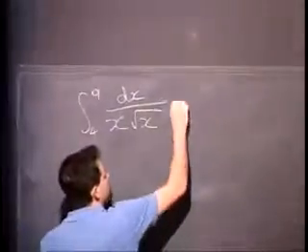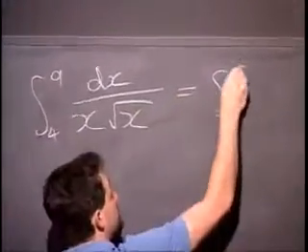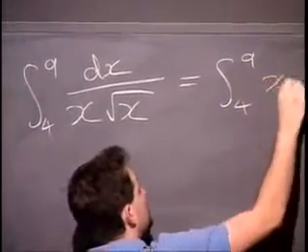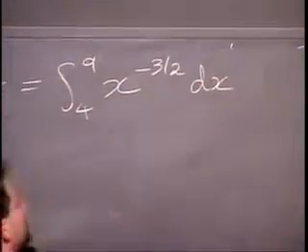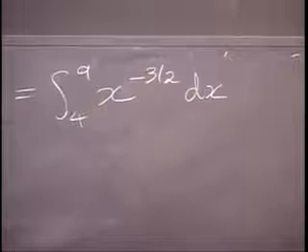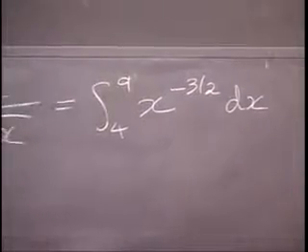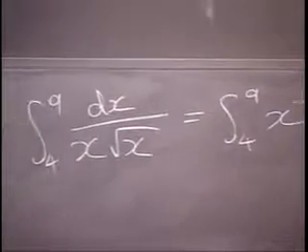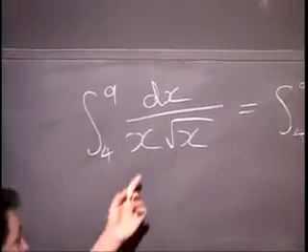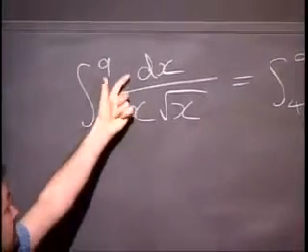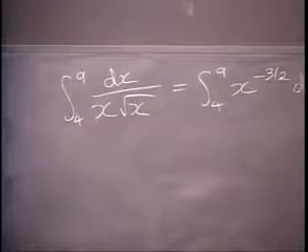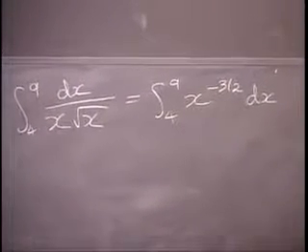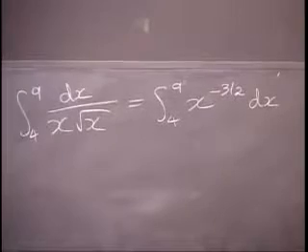Well, the trick here, it's not much of a trick, is to write the integrand as x to the minus 3 halves dx. Make sure you believe that x to the minus 3 halves is the same as 1 over x root x. Just straightforward index notation, but you've got to be able to do that.